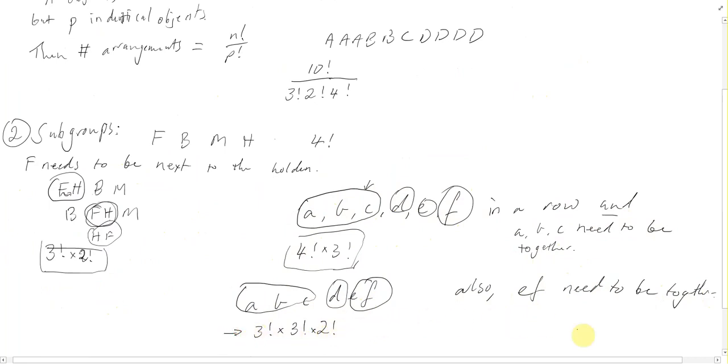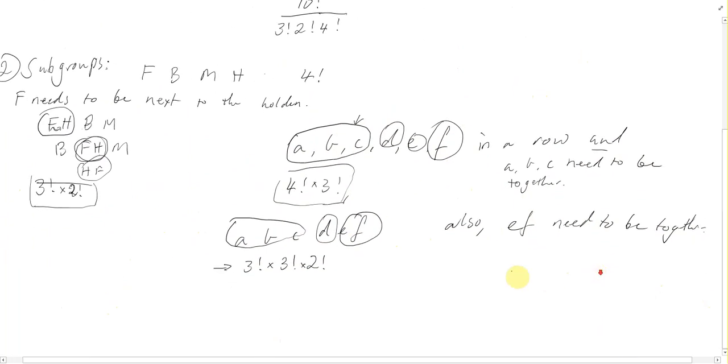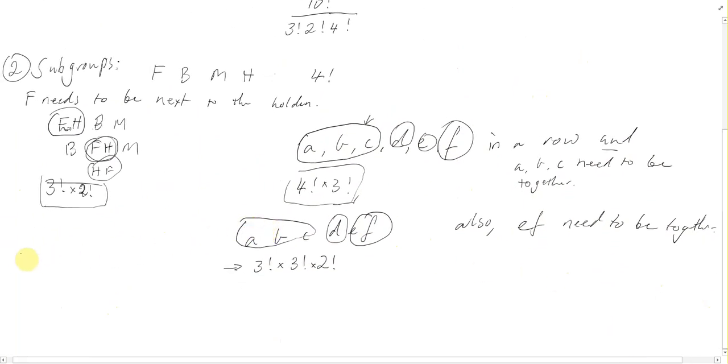Done. So if we want to say it in a general way, let's say we have n objects in m number of groups.